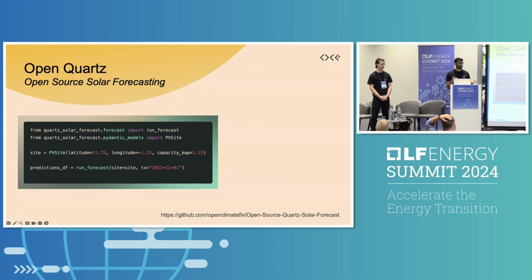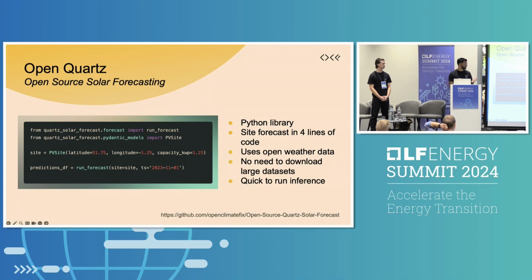And you'll be able to generate a forecast in 15 or half-an-hour intervals at your specification for up to 2 days ahead. And we are using open weather data on this, so there's no worries about proprietary data. We're grabbing that at inference time, so there's no need to download large data sets beforehand, and it's very quick to run. This was launched softly at FOSDEM in February earlier this year, or March earlier this year.